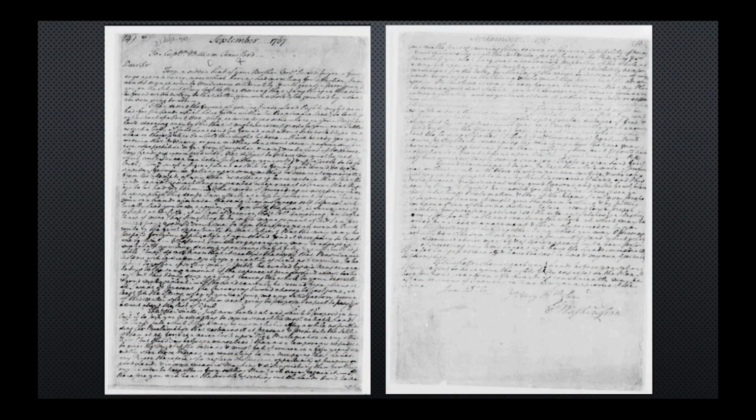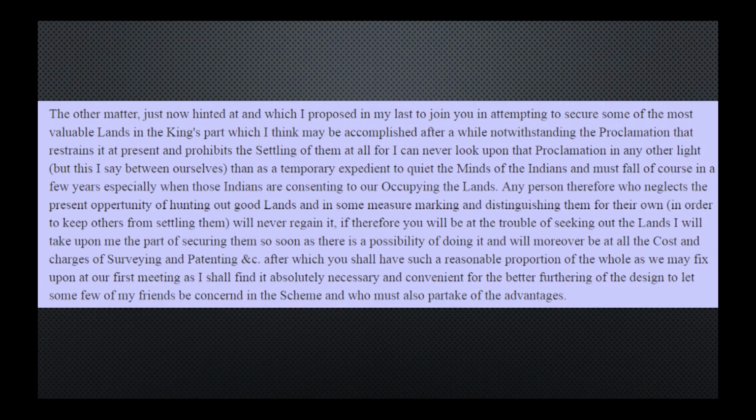And this is a letter that's written by none other than, I don't know if you can make that up. Washington. George Washington, yes. And don't worry, I'm not going to make you read this, but there is a section of this letter that we are going to take a look at, and here it is.